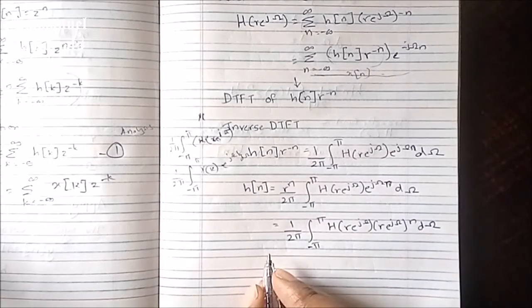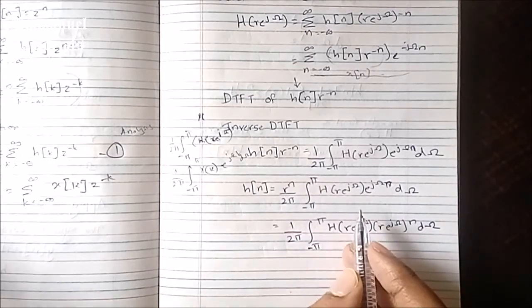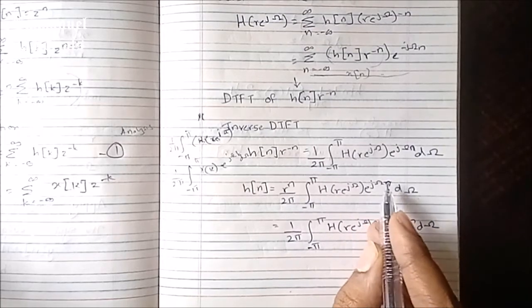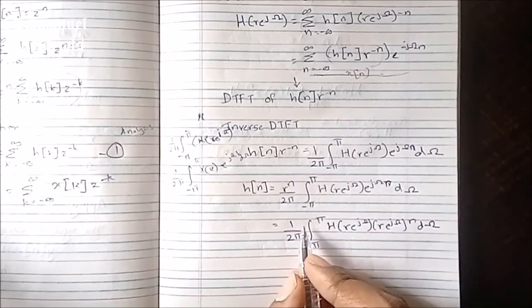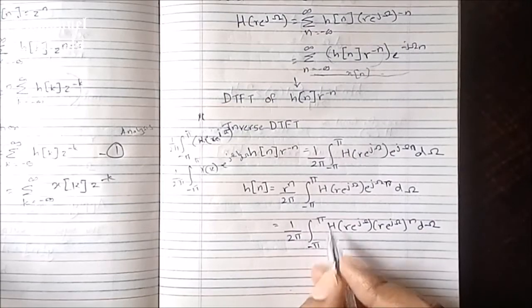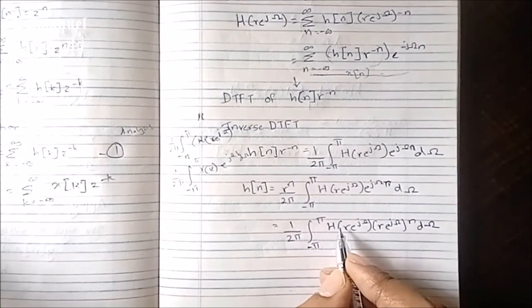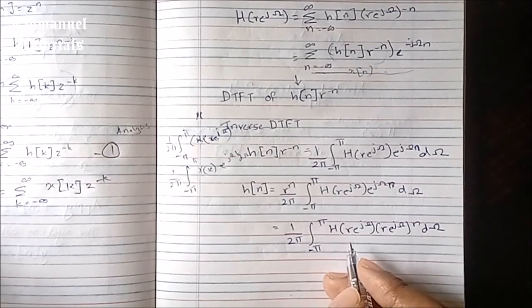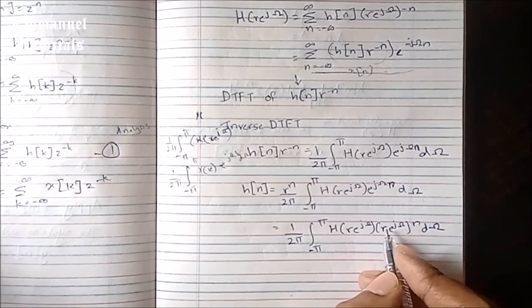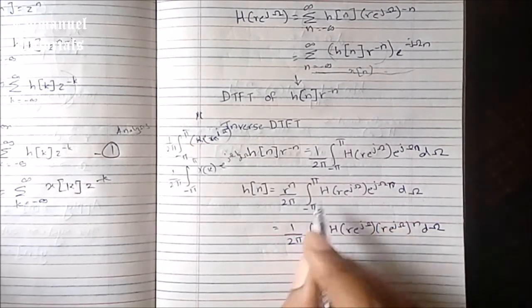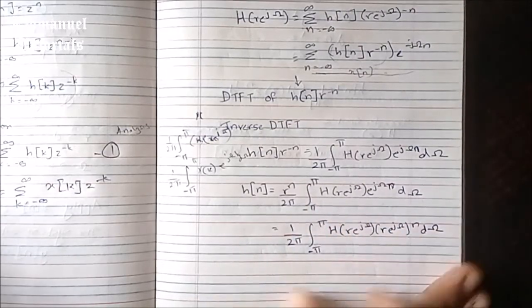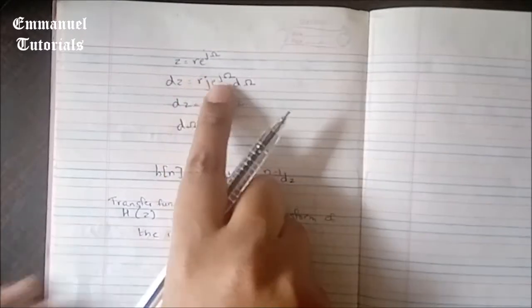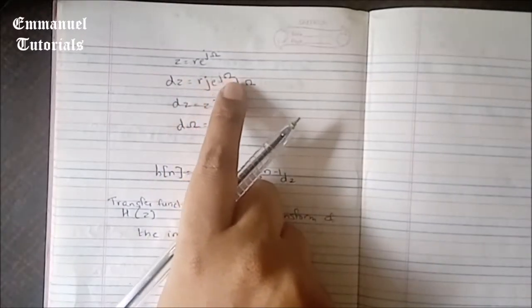Right? Now, if you take the r raised to n inside, you can take n as a common power. So it will be 1 by 2 pi integral minus pi to plus pi H of r e raised to j omega into r e raised to j omega raised to n, taking common powers of n. Now we know that z is equal to r e raised to j omega.